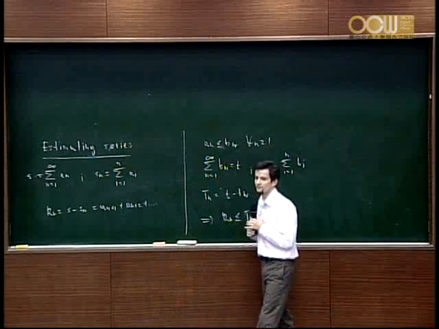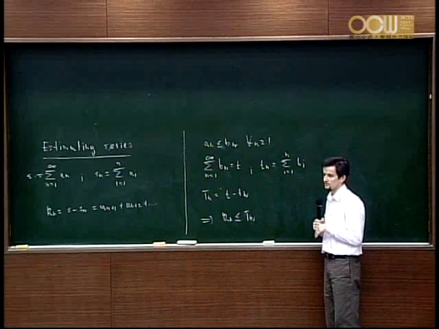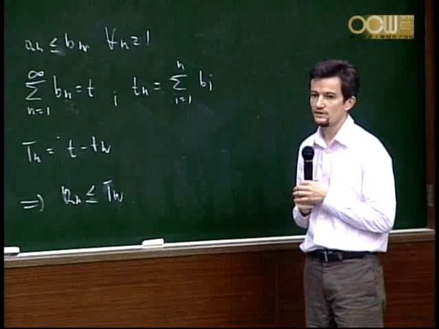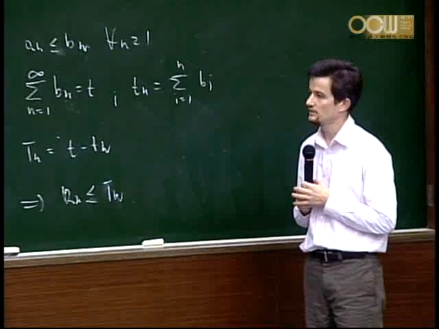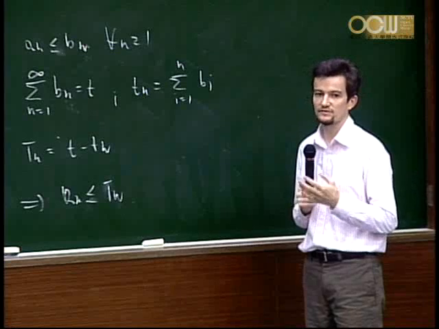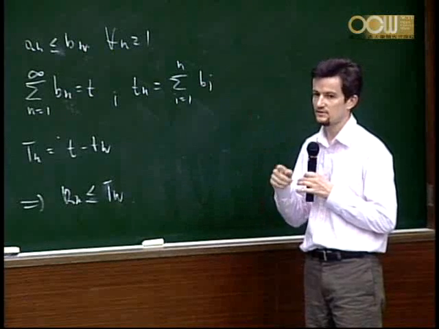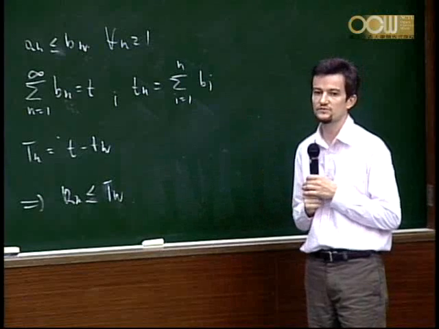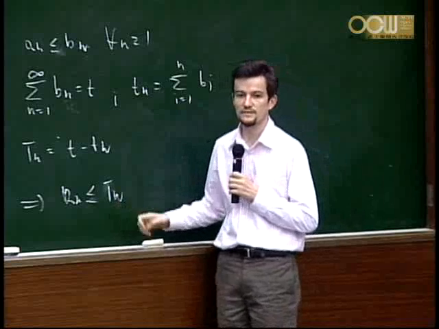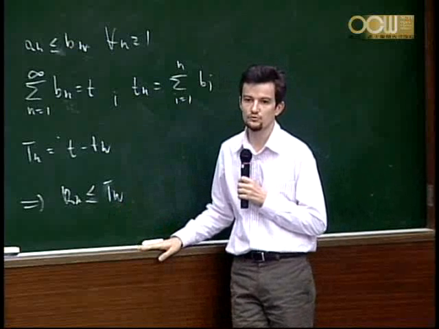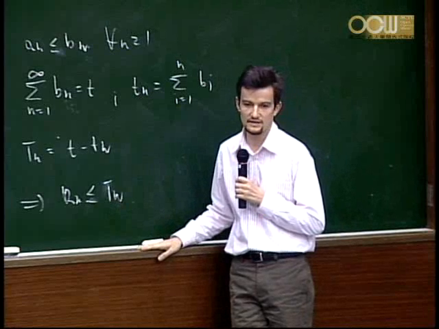So in particular, normally what you use for comparison are a few series which are very important and which we always use as toy examples. One class of such series are the p series, the series over 1 over n to the p, and the other one is the geometric series. For the p series, we can estimate the error by using the tools we have seen in the last lecture.